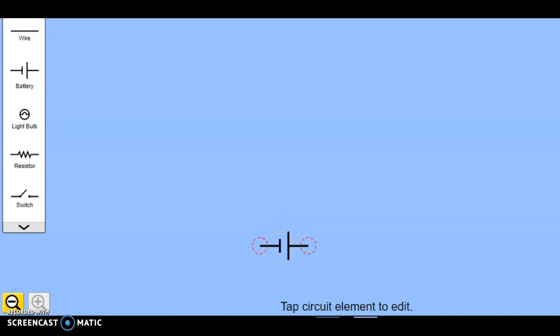So as long as you see this in your battery, you know this is the positive terminal and this is the negative terminal. When a wire is connected to the positive terminal of a battery, charges flow as a current through the wire on their way to the negative terminal.